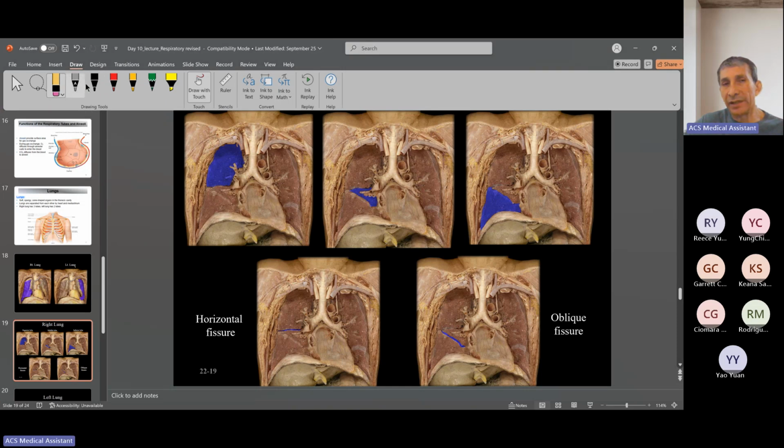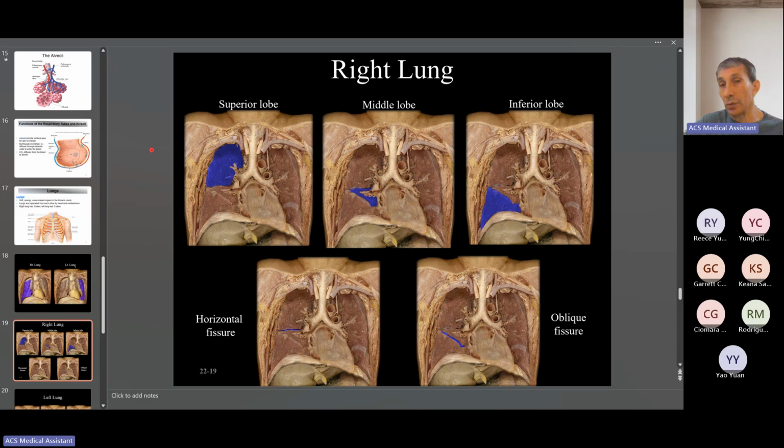It's like when we divide the body in quadrants or in regions. Why? Because we need to separate certain organs from this region, from this region, from this region. It is a lot easier for us to know what we find within these particular regions.